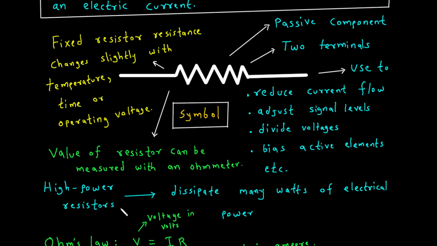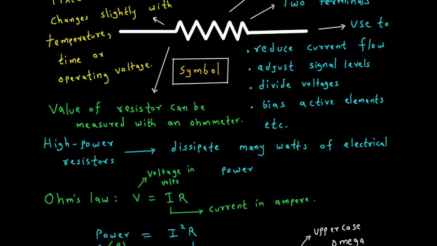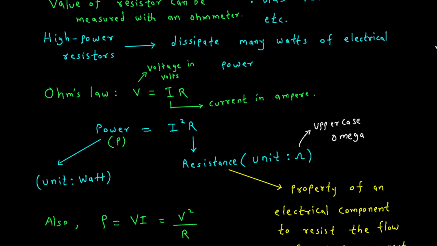High power resistors dissipate many watts of electrical power. That means the higher the power rating of the resistor, the more watts of electrical power it can dissipate. Now according to Ohm's law, V is equal to I into R, where V is the voltage in volts, I is the current in amperes, and R is the resistance in ohms.